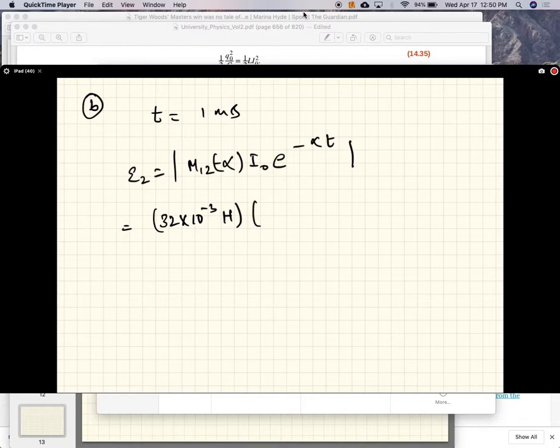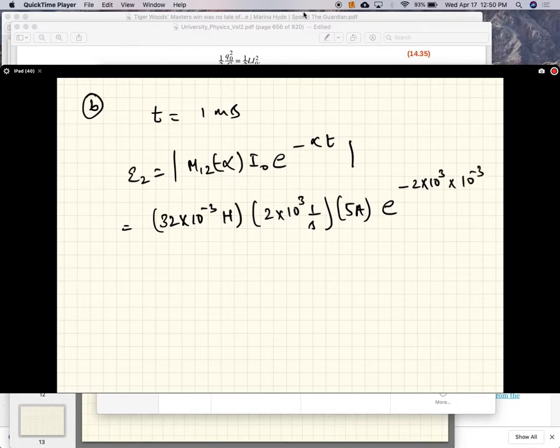Alpha is 2 times 10 to the 3 per second, 5 amps, e to the power of minus 2 times 10 to the 3 times 10 to the minus 3.